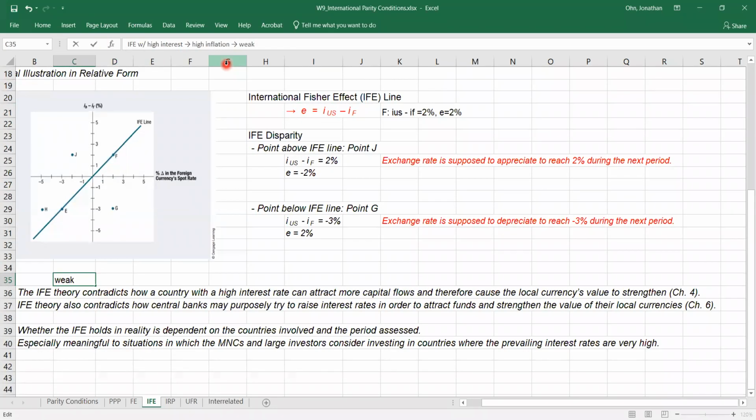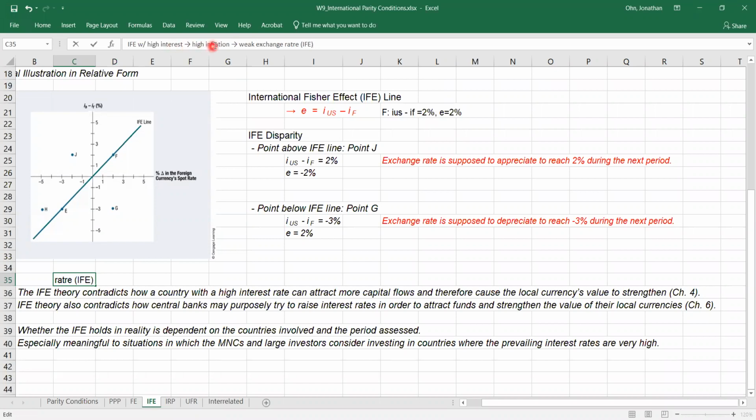Weak currency value, exchange rate. That is IFE, right? So this is a PPP.